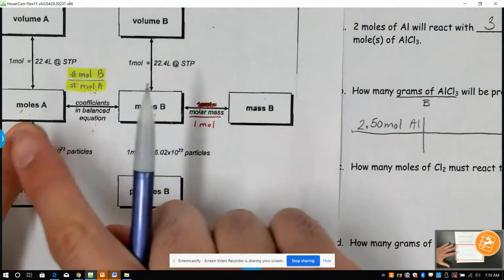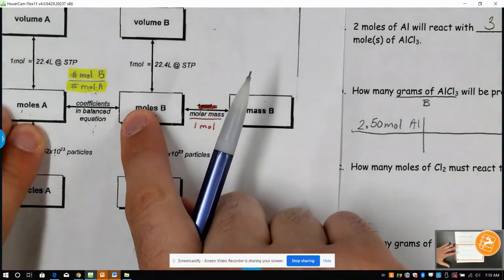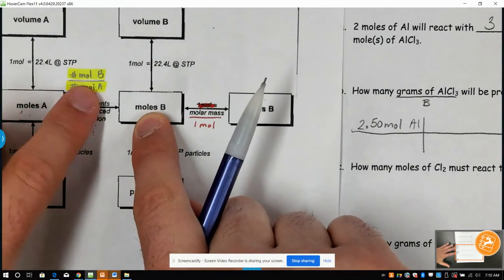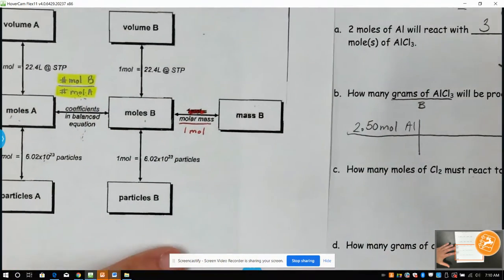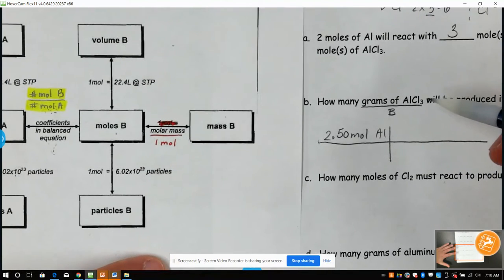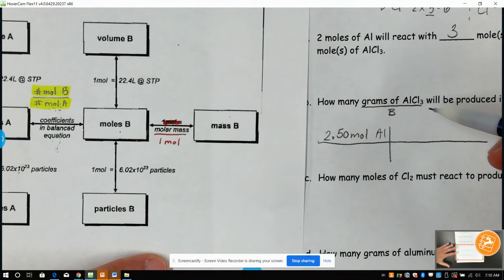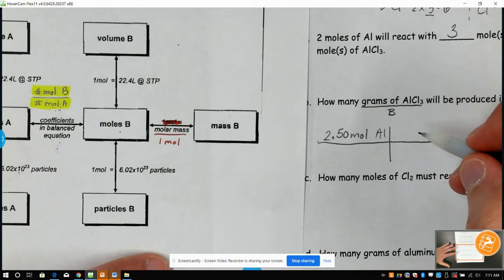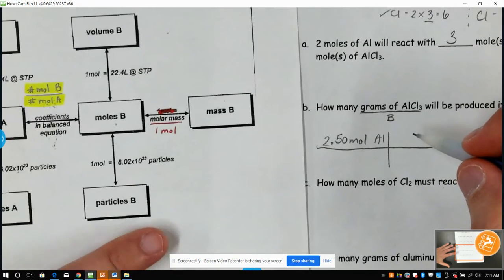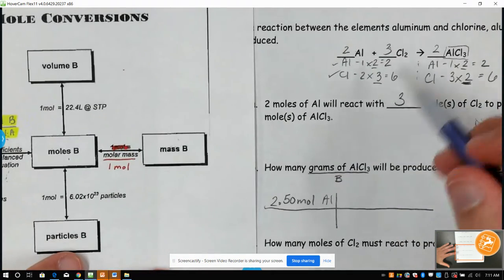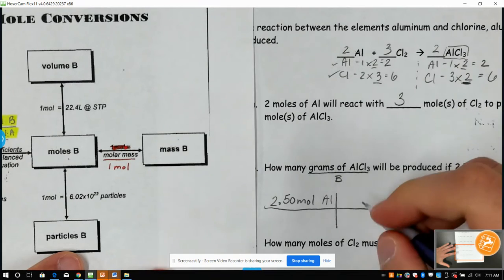To get from moles of A to moles of B, which is the first thing, you have to use this guy here. Okay, so we want to go to B, AlCl3. So with that, we need to know what the moles of B are. In this case, it is 2.